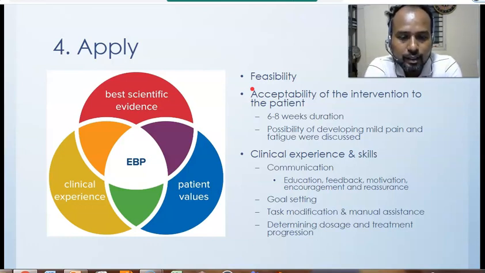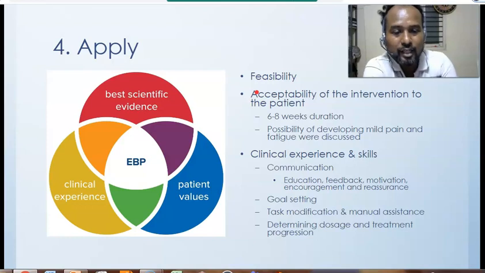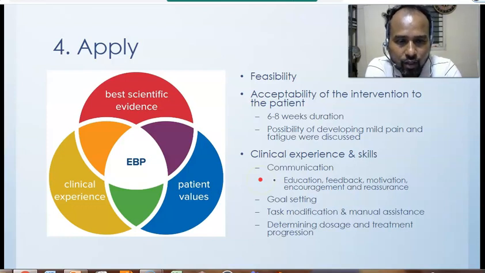And integration of clinical experience and skills, there are different ways. I find that my clinical experience was useful while integrating the evidence. First and foremost important thing I think is communication, how well I'm able to communicate to the patient about the benefits of this exercise, and also when he's struggling to do the exercise, the suggestions that I can give in order to make it a little bit easier or with less effort.